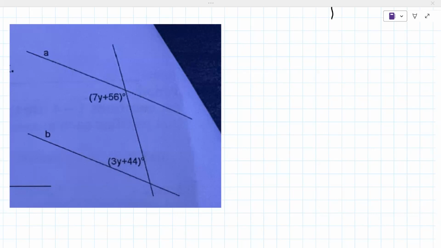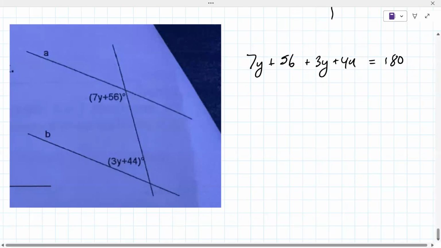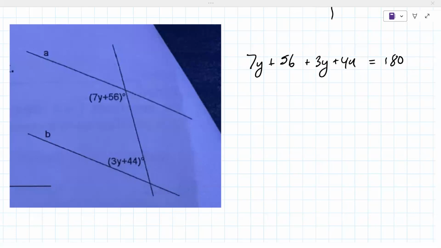This is same side interior. So they add up to 180. Sometimes if you set them equal, which is wrong, you still get a number when you solve and think everything's okay. It's really not.